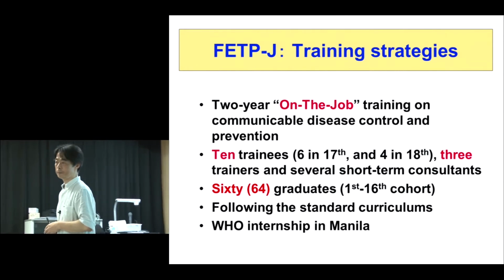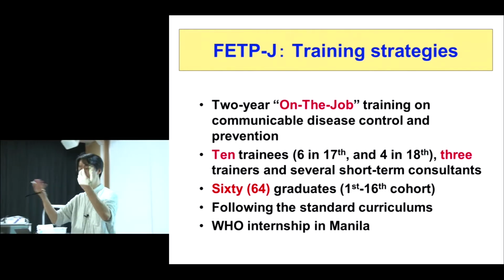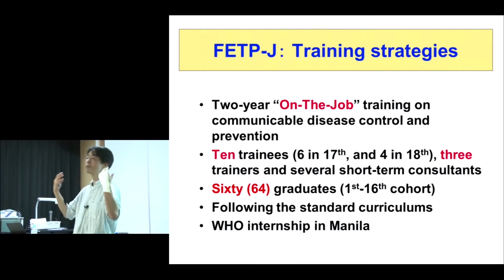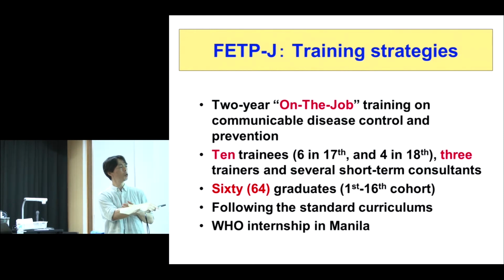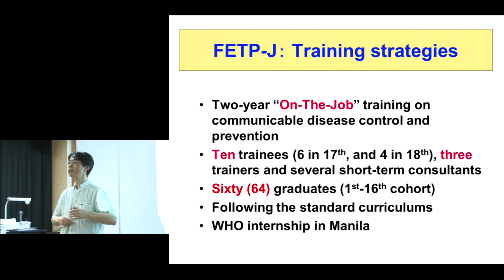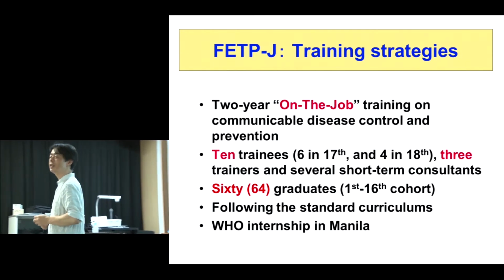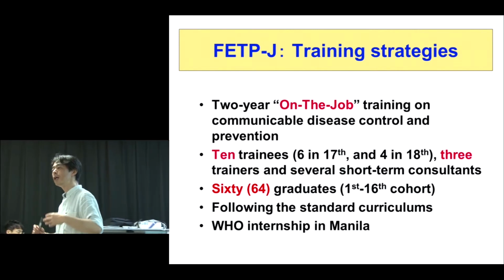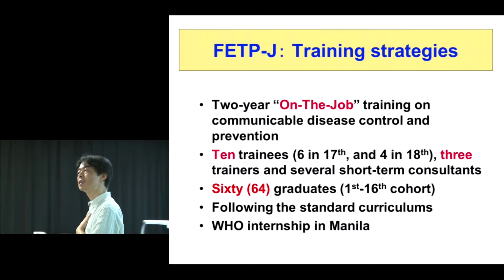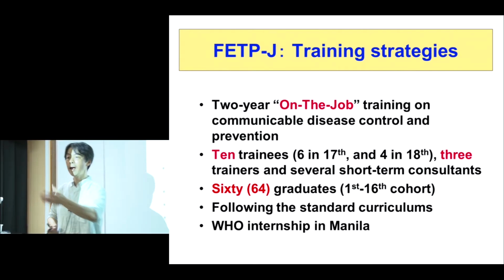Every year we recruit only 4 or 5 members from all over Japan. So after more than 18 years, only around 60 graduates are scattered around Japan. I believe it's not enough to set up a network all over Japan.